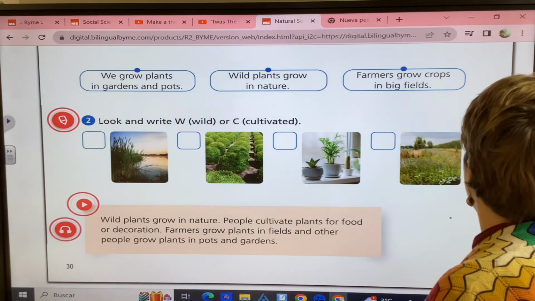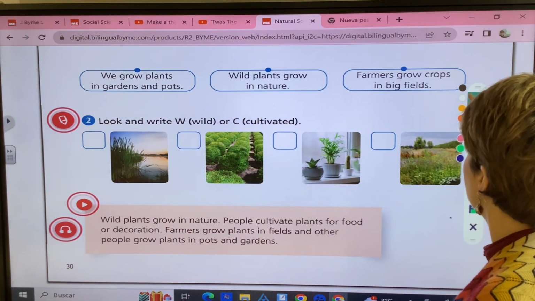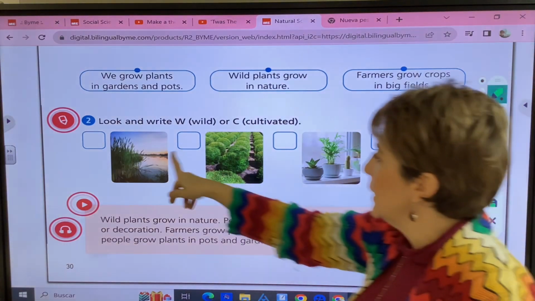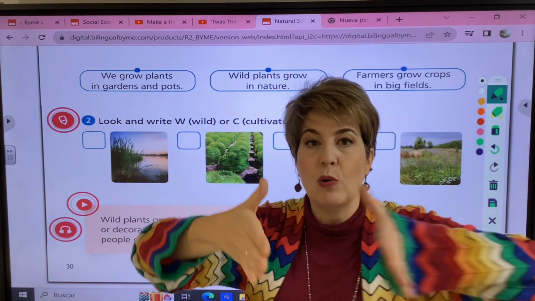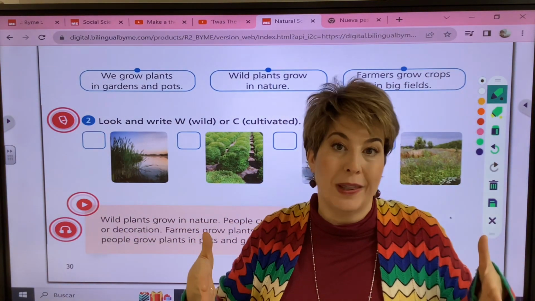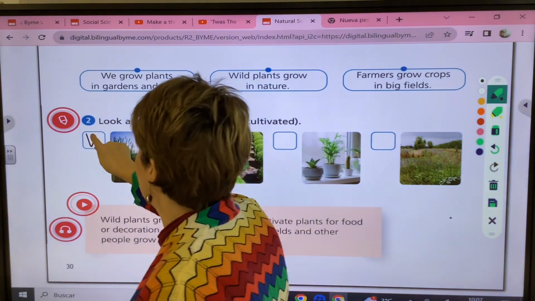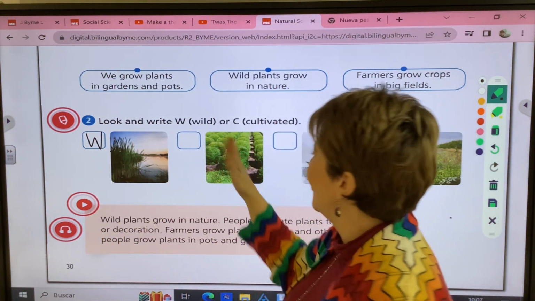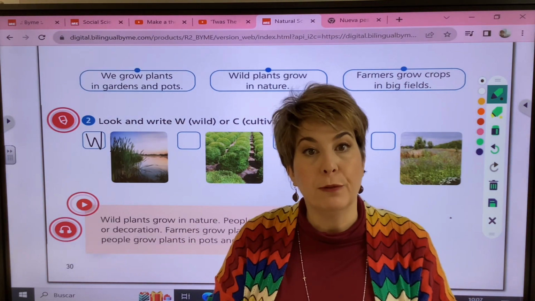Let's see, which of these plants is wild, which is cultivated? Look and write. Wild, W, or C, cultivated. Let's go. Is this wild or cultivated? This is wild. The plants that grow at the sides or the banks of the river are wild. Look at this, all in lines, so uniform.